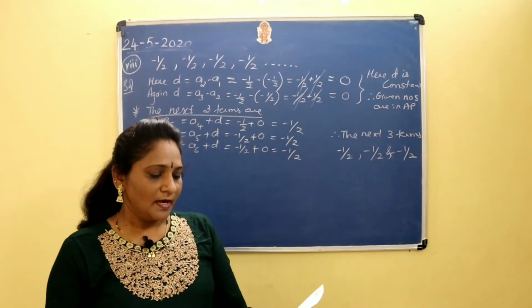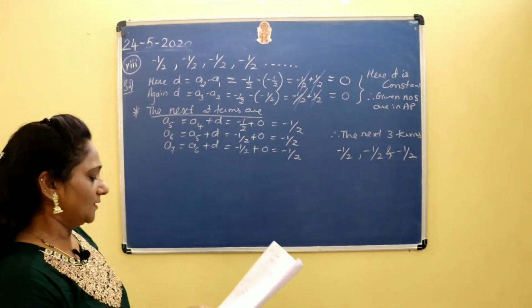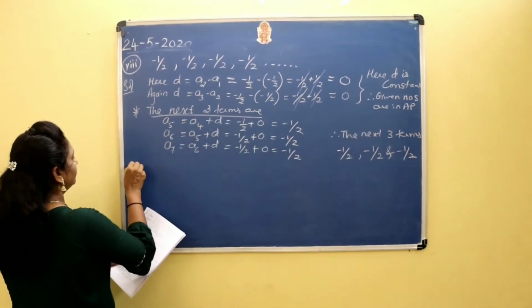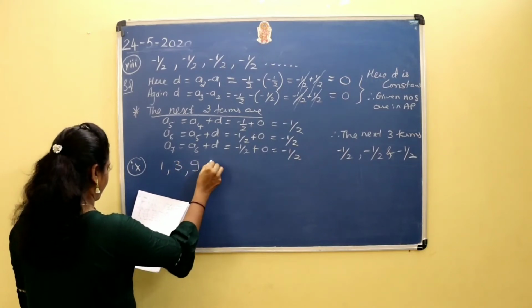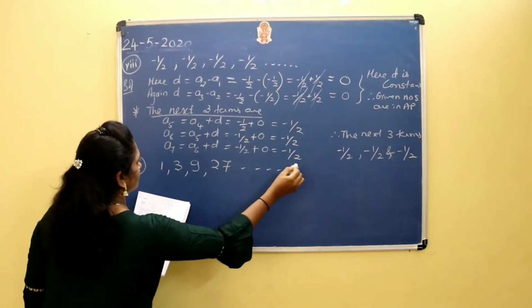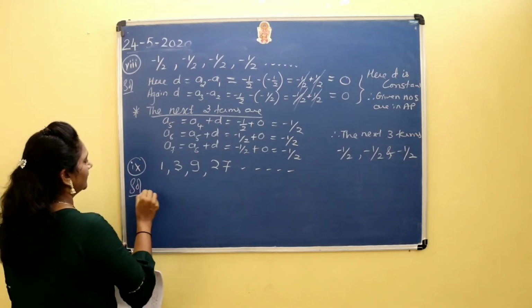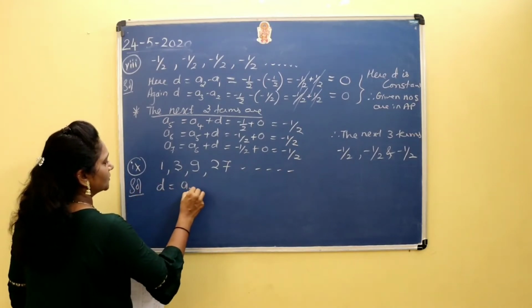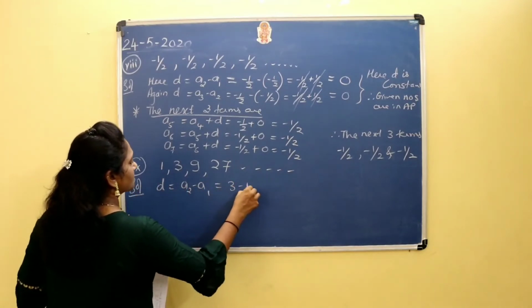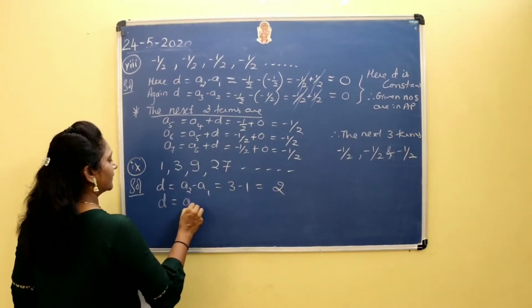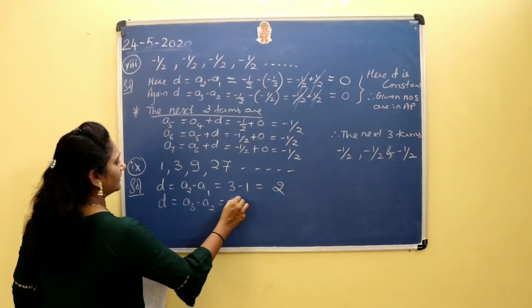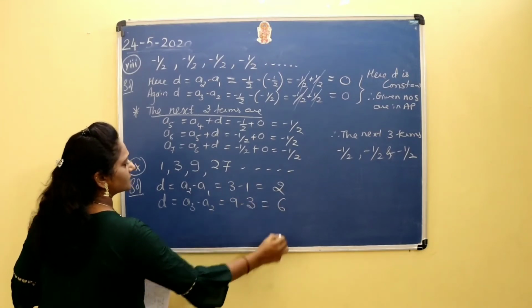Coming to the ninth question, the given sum is 1, 3, 9, 27 and so on. Here D is equal to A2 minus A1, 3 minus 1 equal to 2. Again D is equal to A3 minus A2, 9 minus 3 equal to 6.